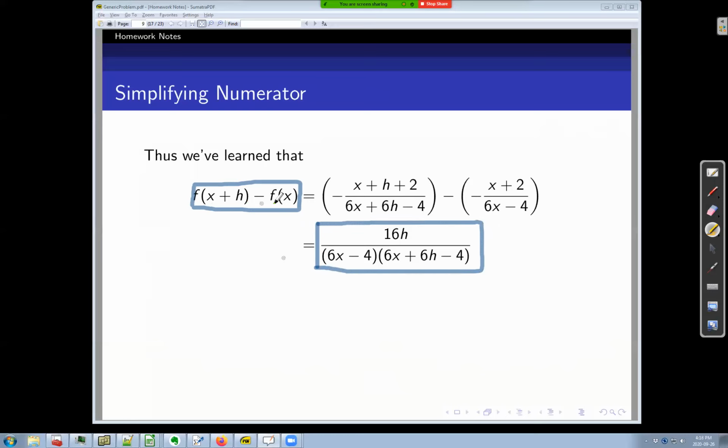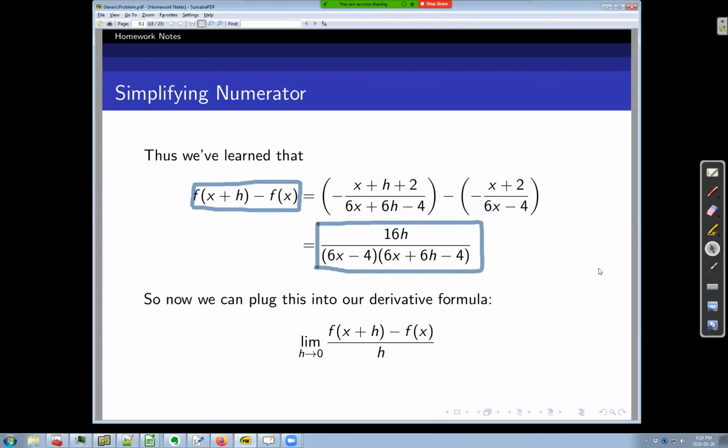So f of x plus h minus f of x simplifies to this expression right here. That's going to be important because we went through a lot of work to figure that out. All right, so now this can go into the limit, into the derivative formula.